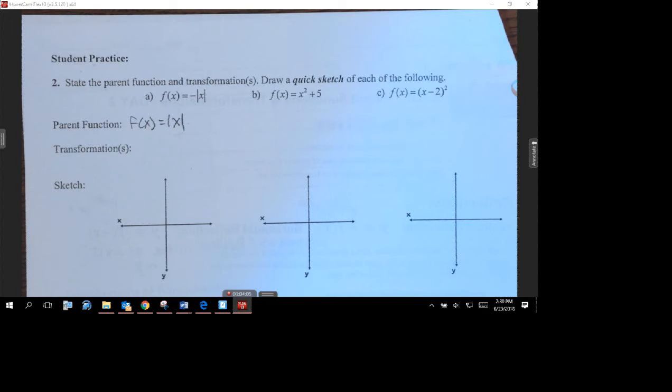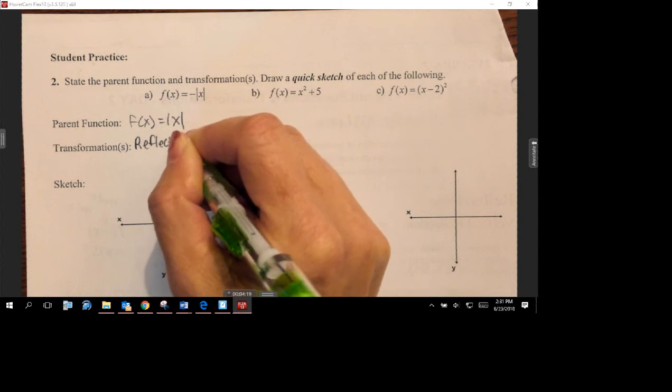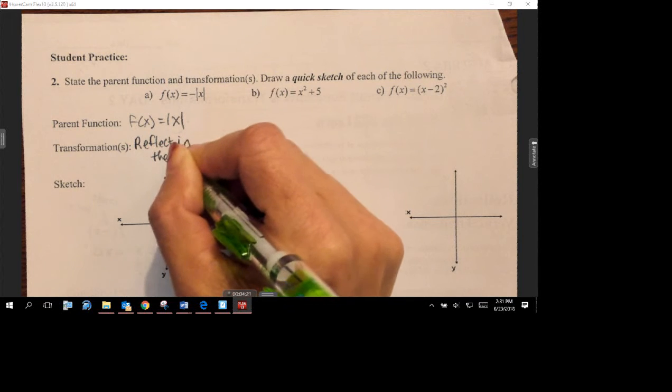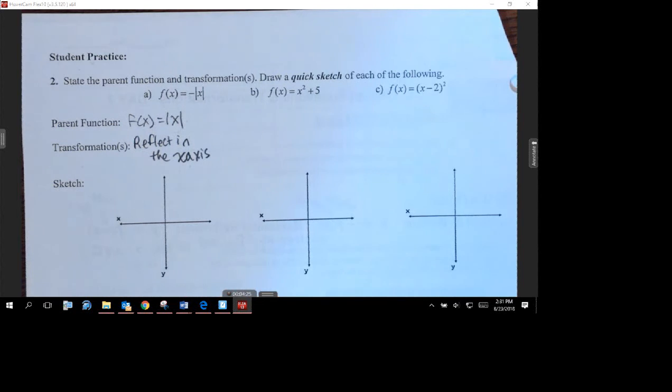So I pull up my axis and my hand and I go, if I'm going up and down, that's actually reflect in the what axis? X-axis. So it's like the opposite of what this is. Yeah. That's confusing, but that's why I have to pull my hand out.